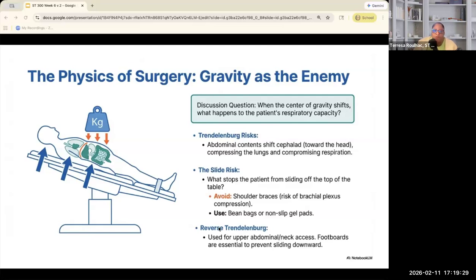Right, it's difficult. Even with being intubated, right? This is why communication with anesthesia and careful monitoring are so important. Okay.